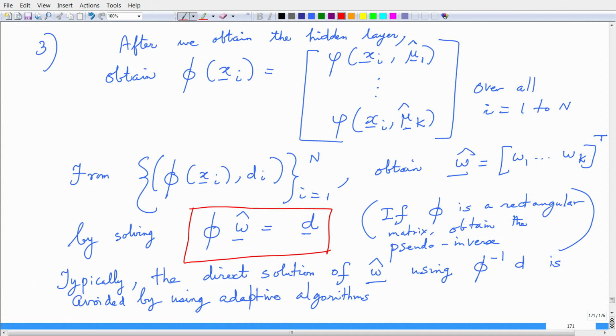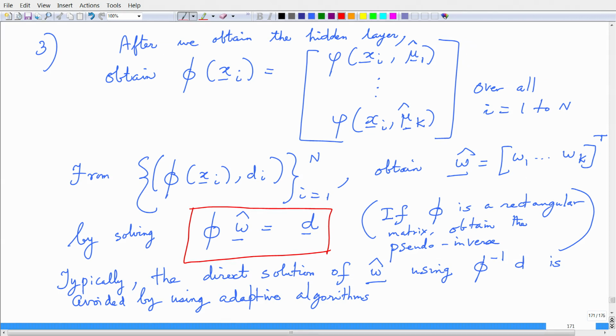Okay. You may wonder at this step that phi could be a rectangular matrix. It is a square matrix if the number of functional units is equal to the number of data points. Then i also goes from 1 to n, j also goes from 1 to n. So, therefore, you will have a square matrix.